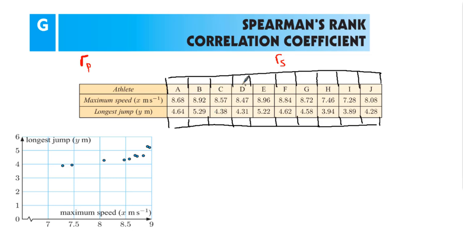In your book, it goes from lowest to highest. Let's go with the highest one. Which one is the highest? I guess 8.96, so I will call it 1. Then after 8.96 comes 8.92, which I will rank second. Then 8.84 is 3, then comes 8.72, which is 4, then comes 8, which is 5.